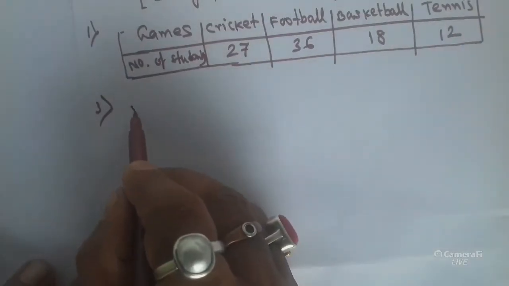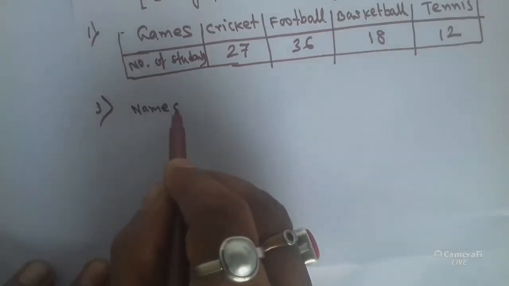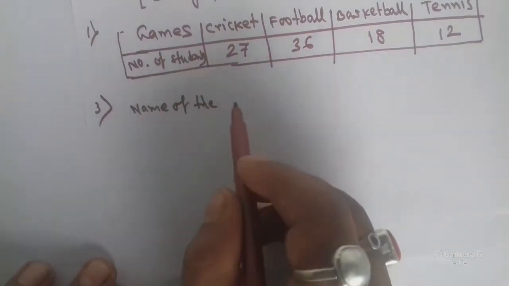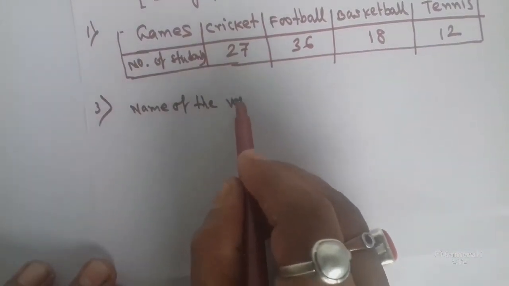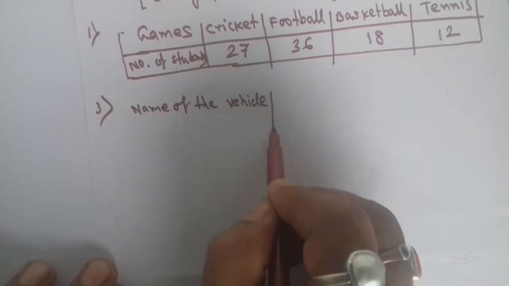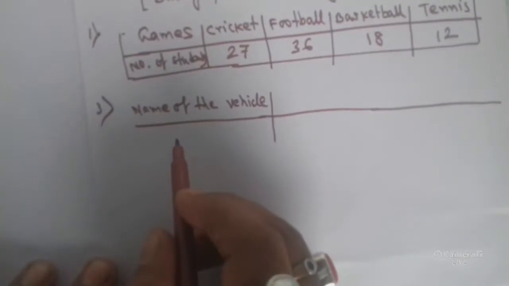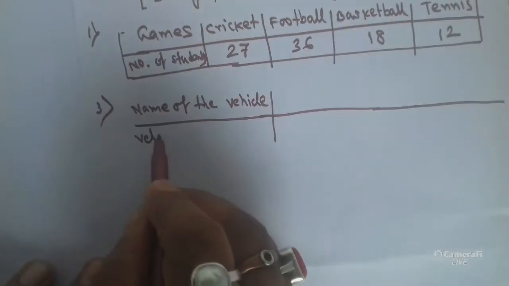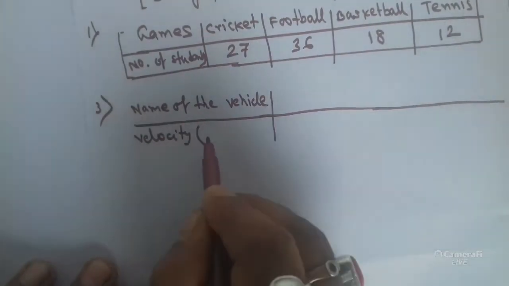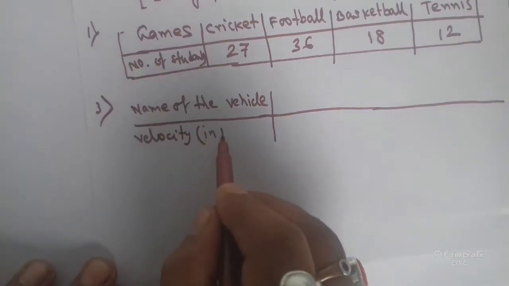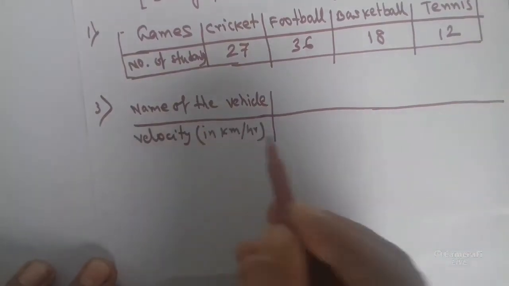So here name of the vehicle, and here velocity in kilometer per hour.